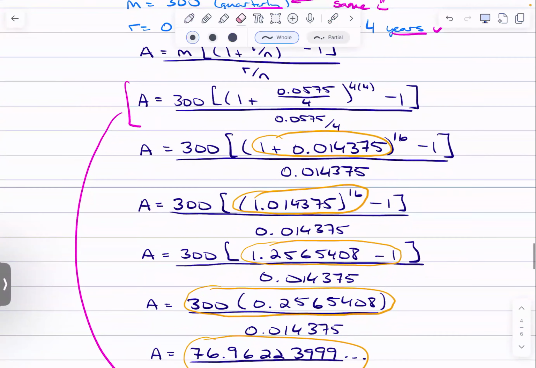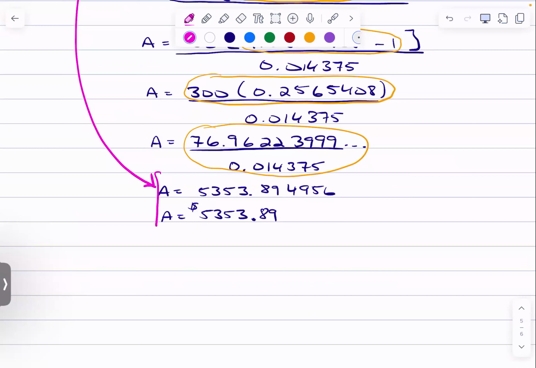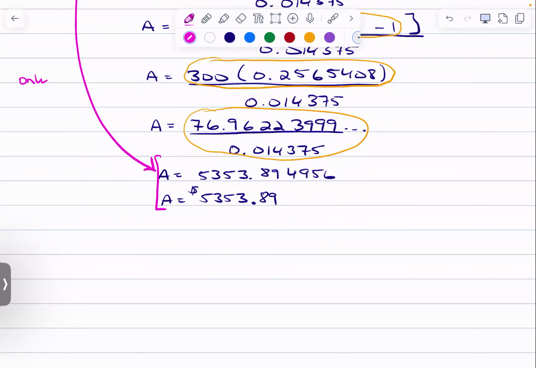And maybe I'll do here, this and this is the only work that must be shown for full marks.